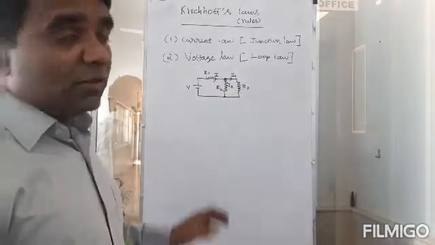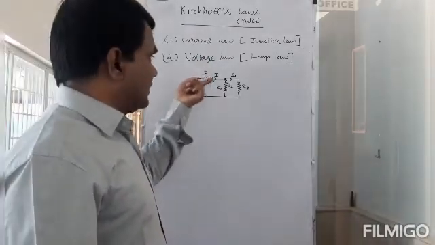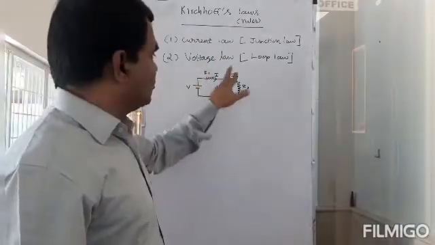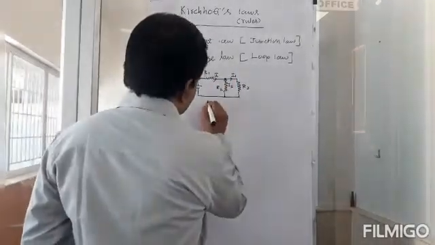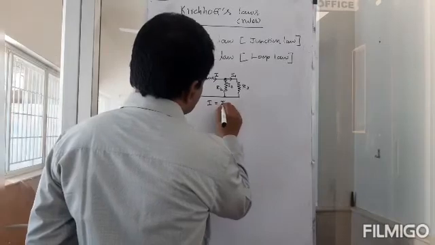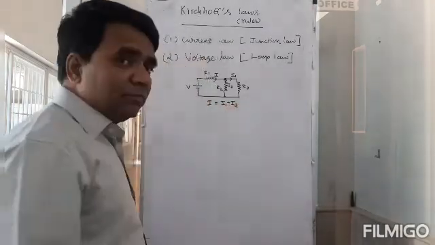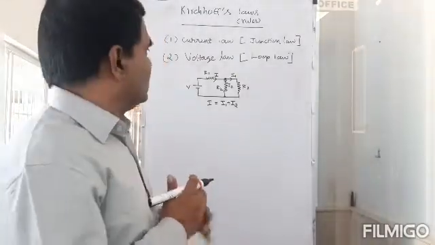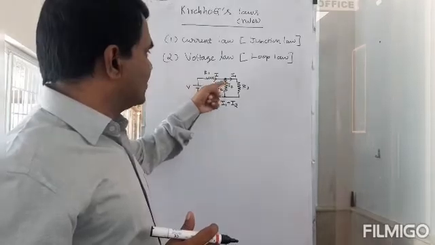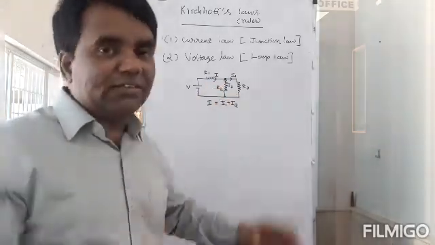So what the current law says is that the amount of current entering the junction must be equal to the amount of current leaving the junction. So simply, I is equal to I1 plus I2. It is as simple as that.